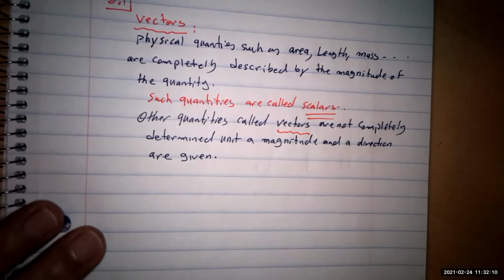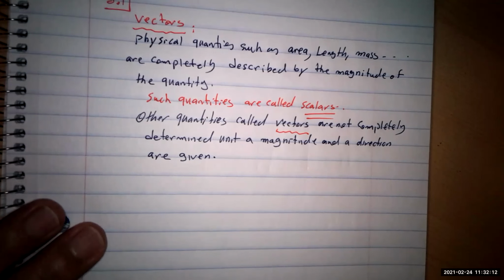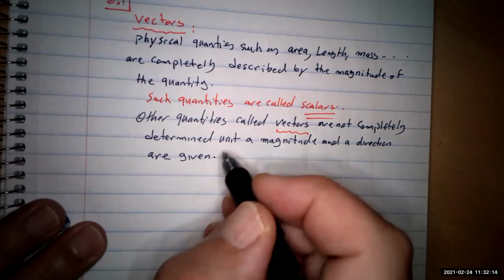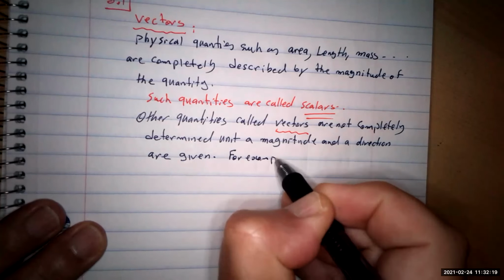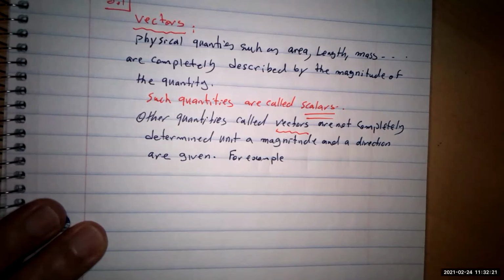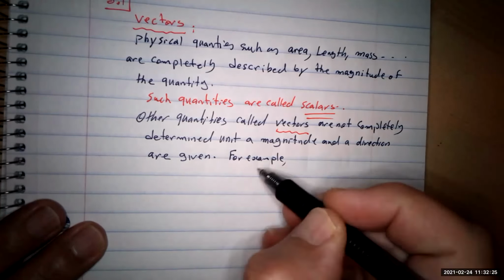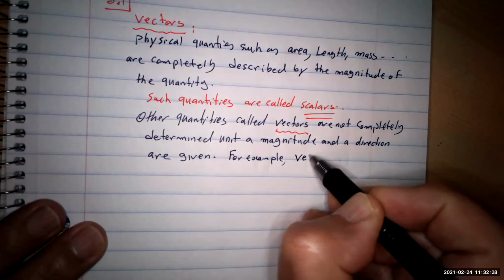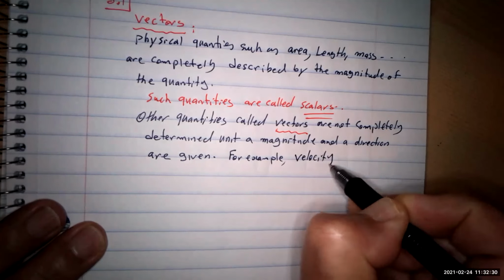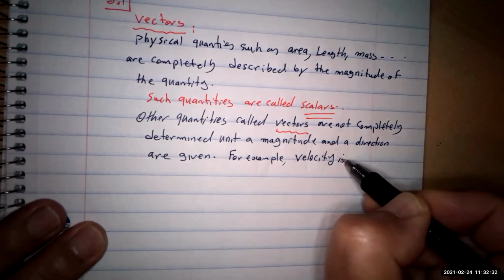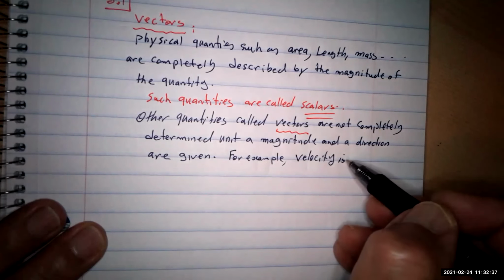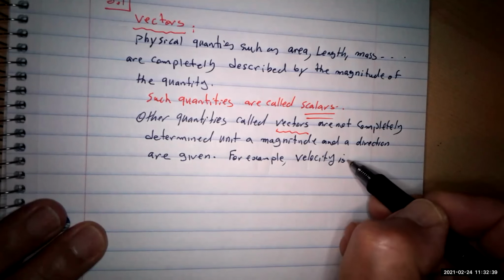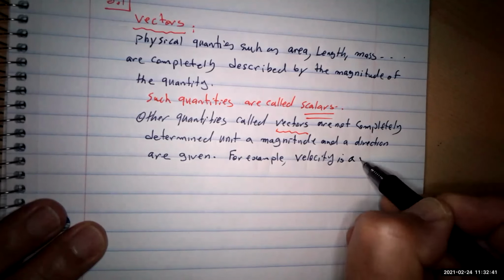So for example, wind velocity is a vector, if you like.